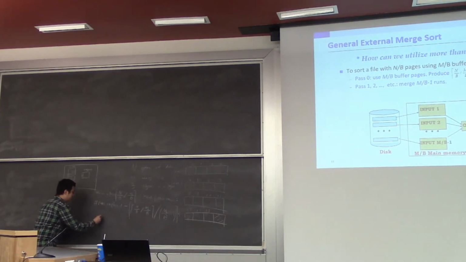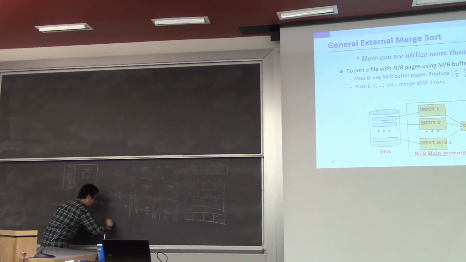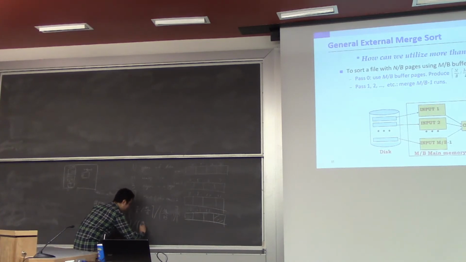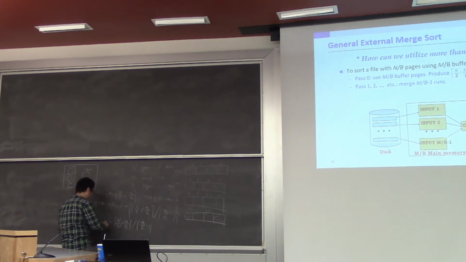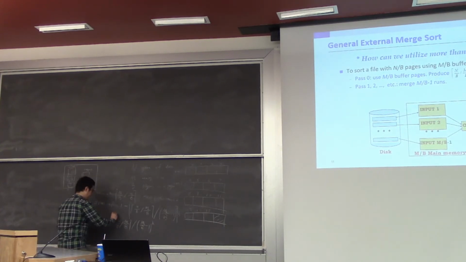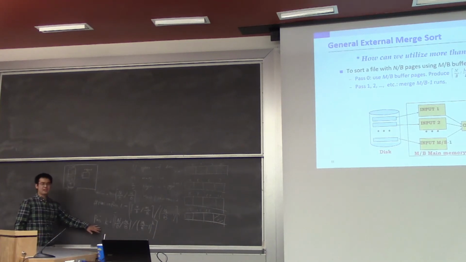And as you can imagine, after pass k, you will have n over b divided by m over b, this is pass 0, and then divided by m over b minus 1 to the power of k. This is the total number of runs after pass k.